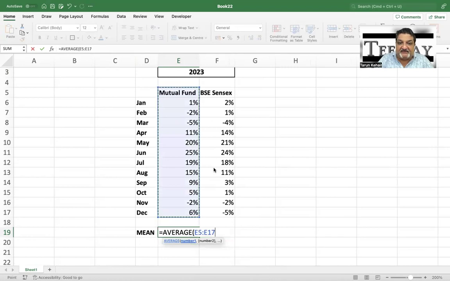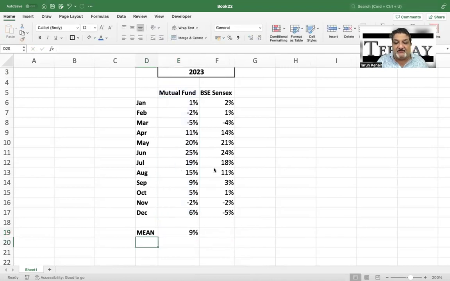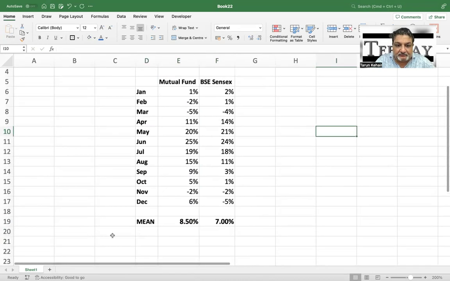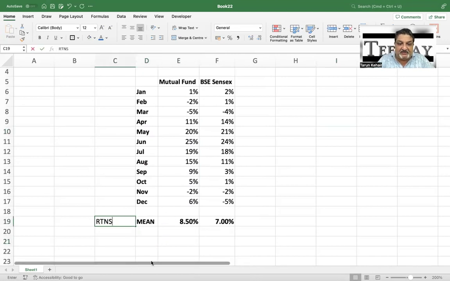So we will take the average return of the mutual fund, and we will also take the average return of the Sensex. And दो decimal कर देंगे so that we are clear about the exactness of the returns.